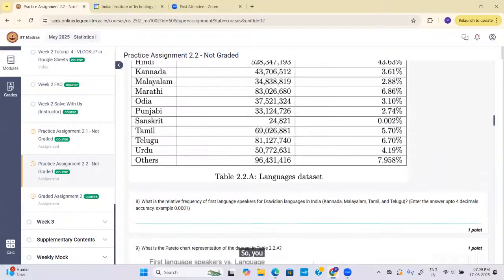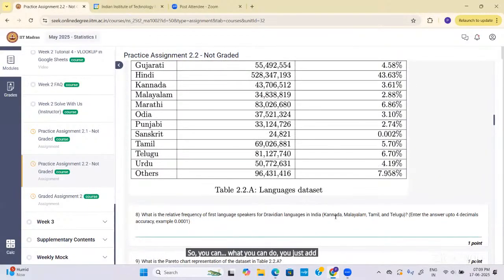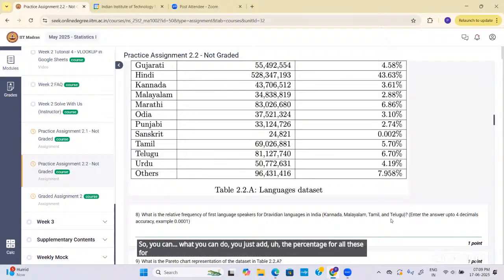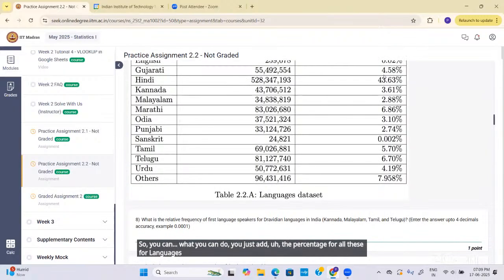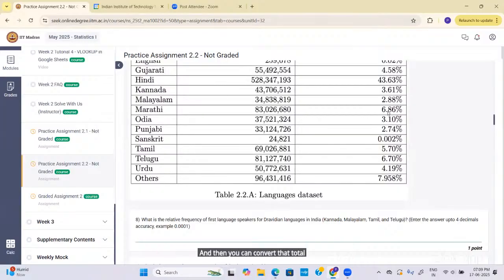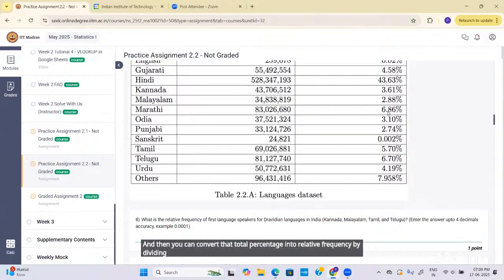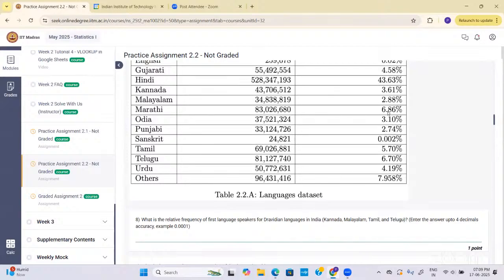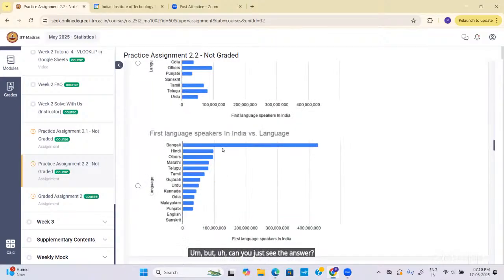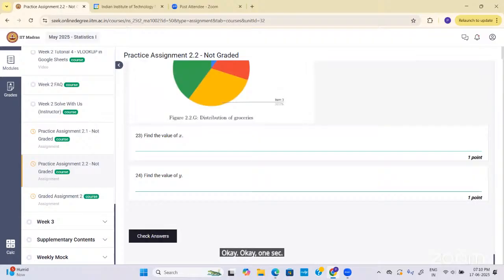You just add the percentages for all these 4 languages. You will get a total percentage, and then you can convert that into relative frequency by dividing it by 100. But can you just see the answer? Click on the button, see answers.